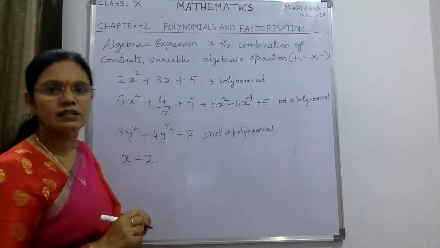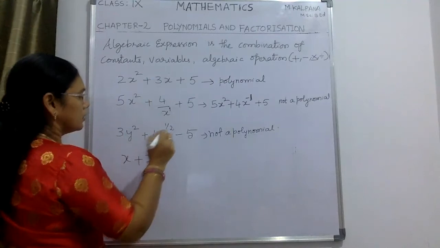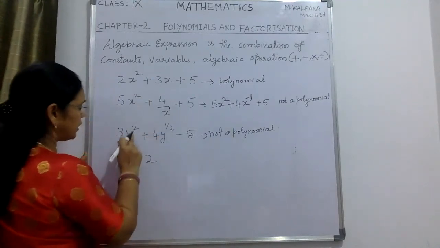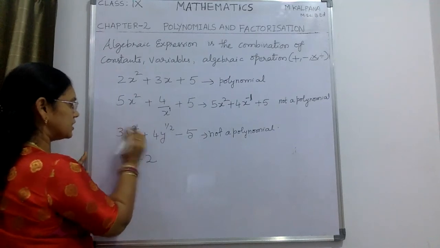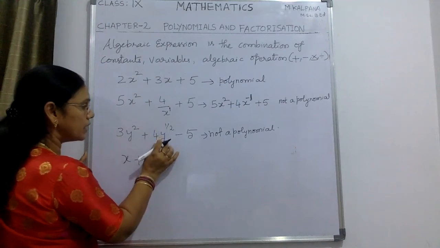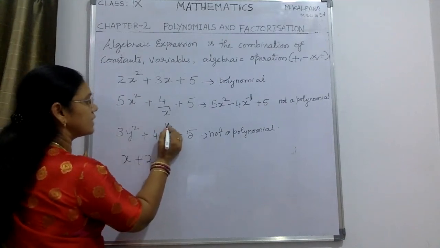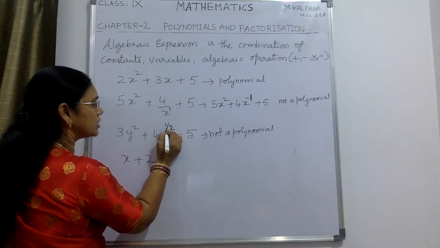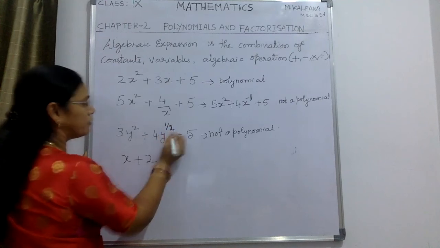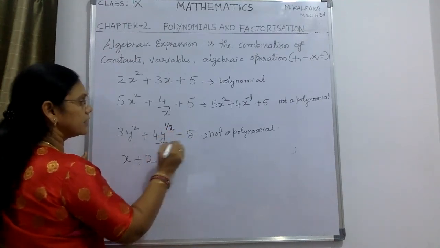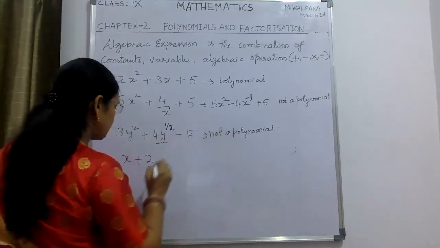See here, the power is positive here. Here also the power is positive and it is an integer. So up to here our condition is satisfied. But when you come here, our condition is not satisfied because this is not an integer. This is in the form of a fraction. So it is not a polynomial.